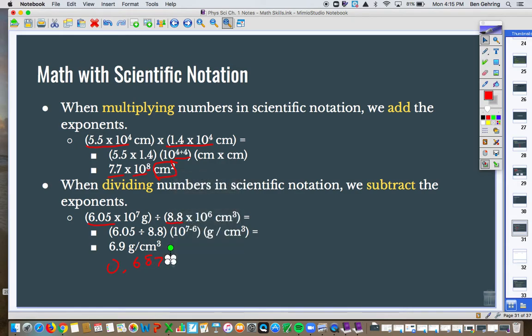So here's my 5. And then I had 10 to the 7th here, and 10 to the 6th here. And so 7 minus 6 is 1. So this is going to be times 10 to the 1st.